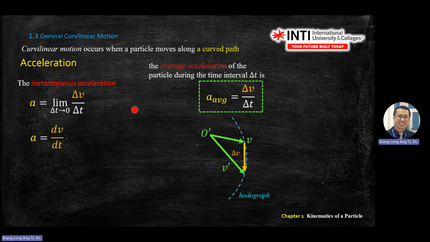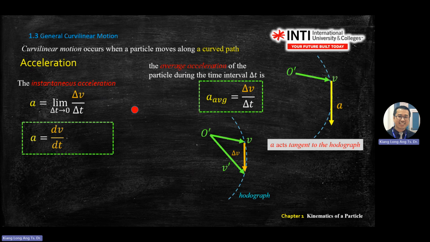So we proceed. We get A equal to dV dt. If you draw it on the hodograph, the direction of the vector will be tangent to the hodograph, but this is just for your info. You can ignore this one.